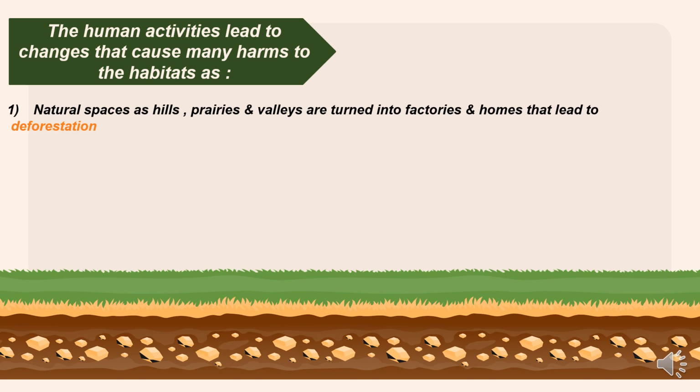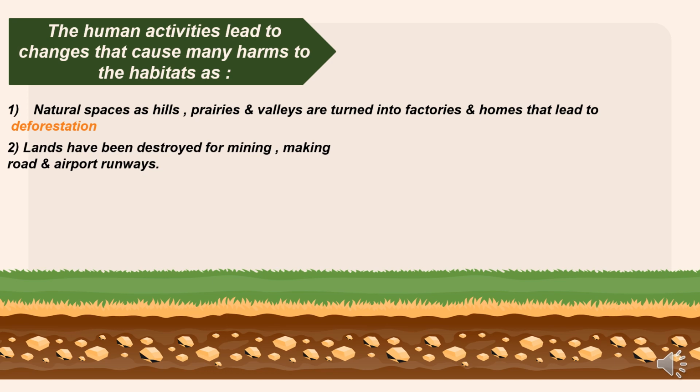And now primary 6, human activities can unfortunately cause many harms to the habitat. For example, natural spaces like hills, prairies, and valleys are completely turned into factories and homes, which leads to deforestation. Deforestation means removing the forest to make these buildings, and it's not a good thing at all.